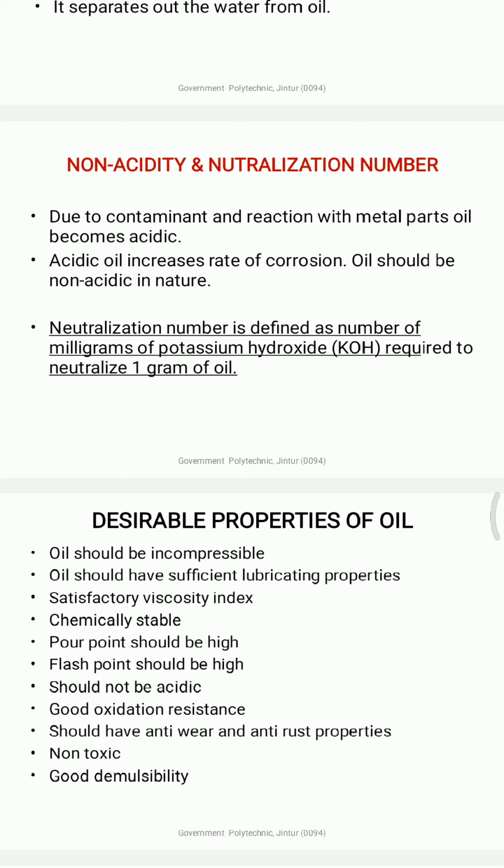Now KOH, potassium hydroxide, is a base. It reacts with the acid, so acidity is measured by using a base material, potassium hydroxide. So this is the neutralization number. Acidic oil increases the rate of corrosion, and oil should be non-acidic in nature.